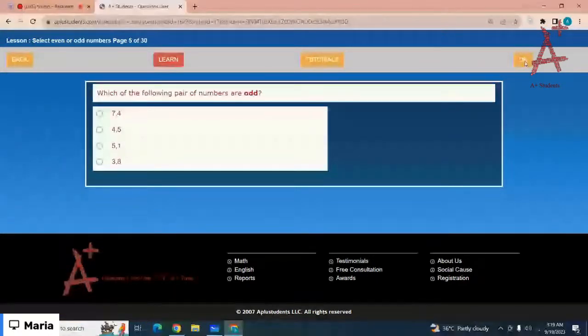Which of the following pair of numbers are odd? Which is the correct option? Which two numbers are odd?